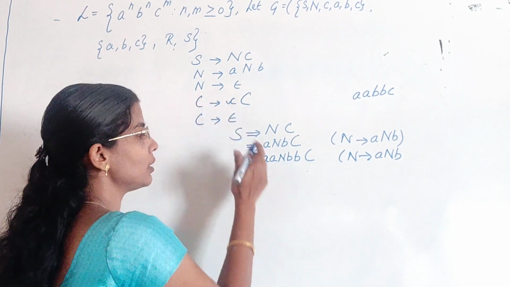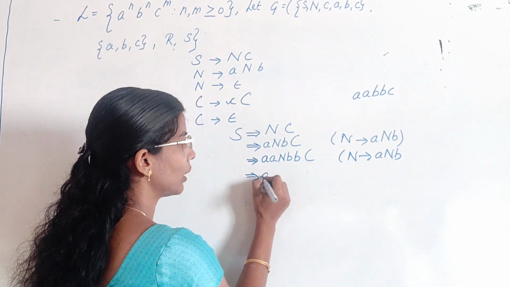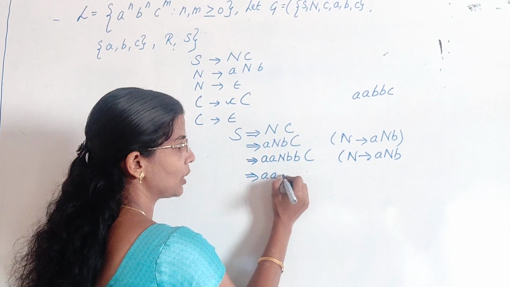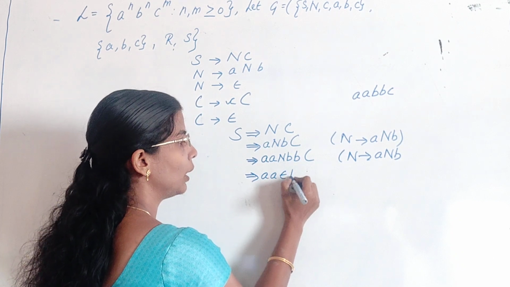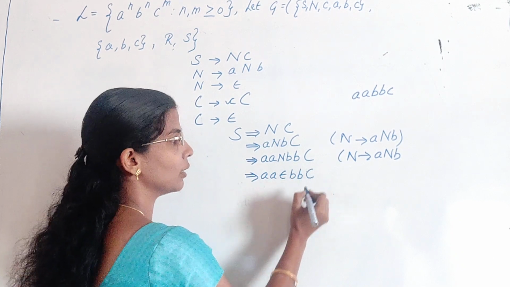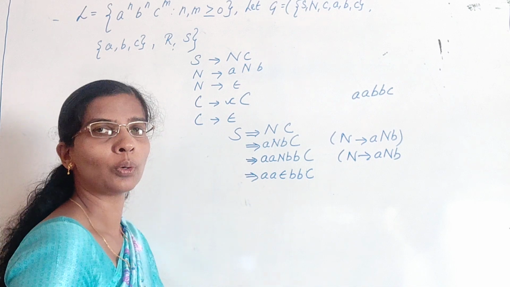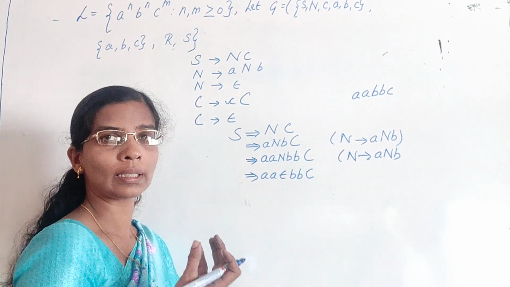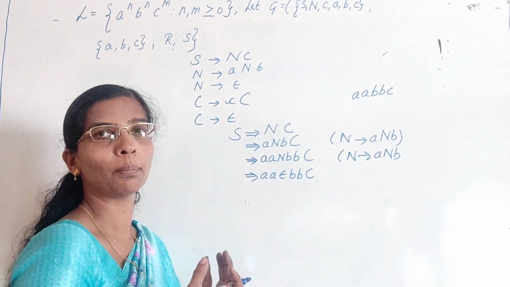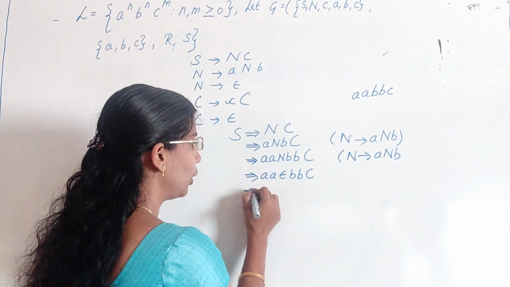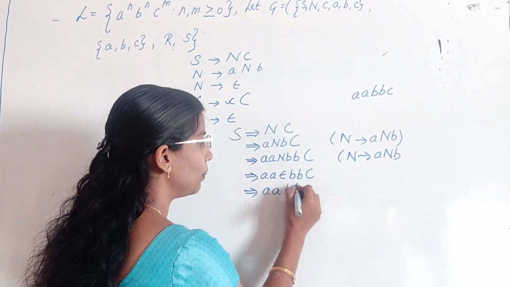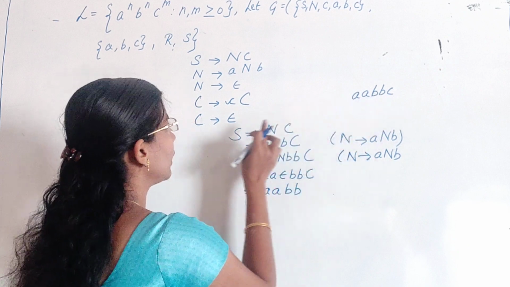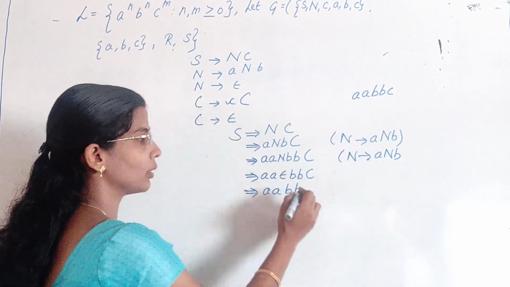So I am using this epsilon. Right. A, A, epsilon, B, B, C. You know epsilon concatenated with any symbol is that symbol only. So it is A, A, B, B. Now how many C do I need? I need only one C. Right.